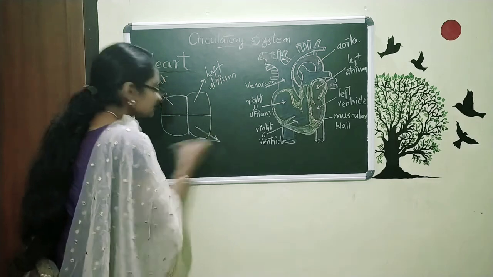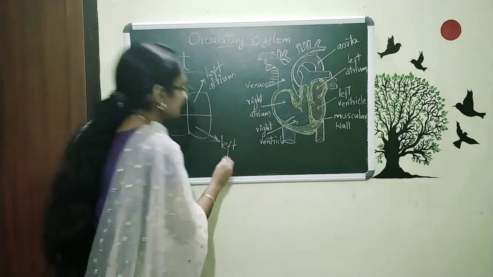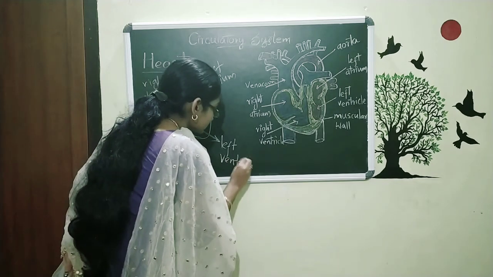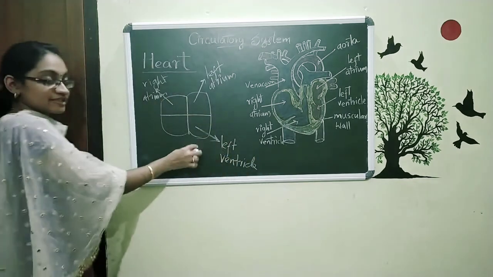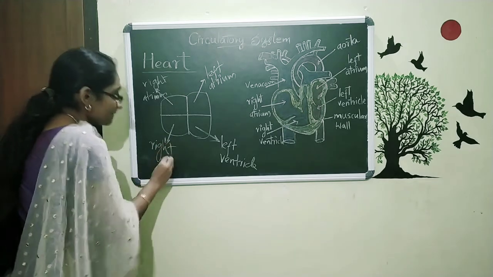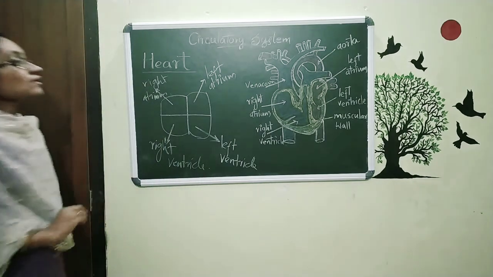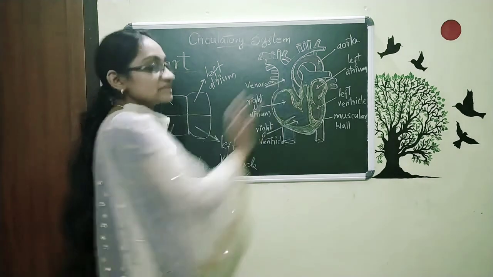And this is left ventricle and this is right ventricle. So, these 4 are the chambers.